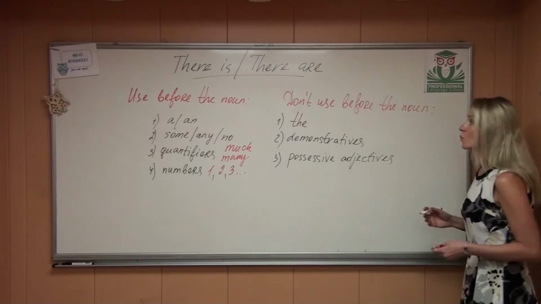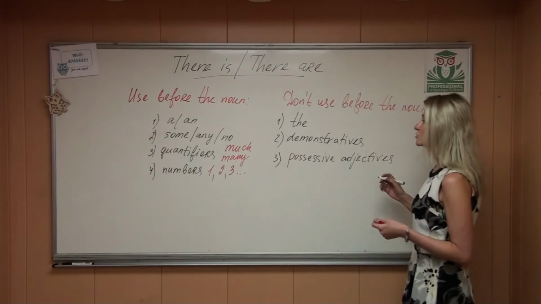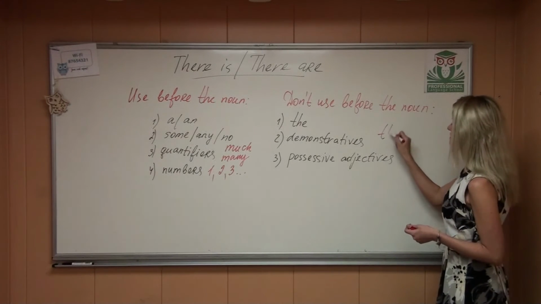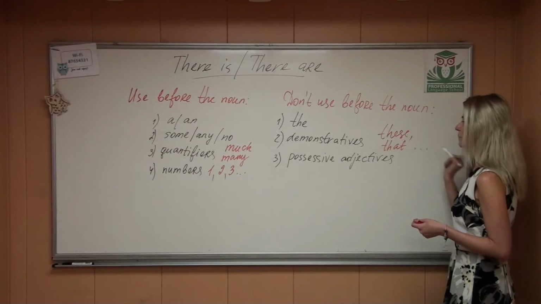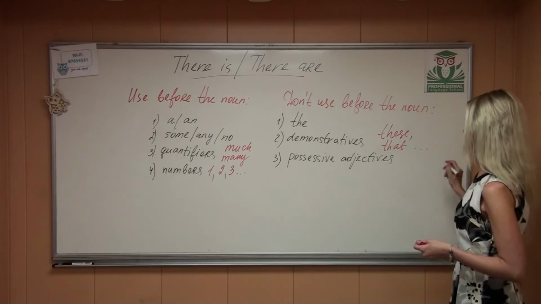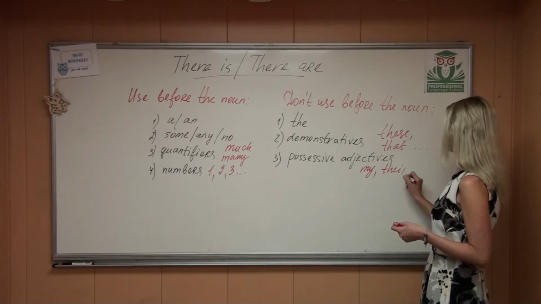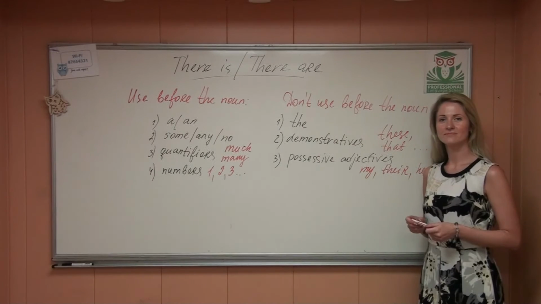Okay, and what don't we use before the noun in this structure? We don't use the definite article, we don't use demonstratives, these and that, and we don't use possessive adjectives, my, their, your, and so on.